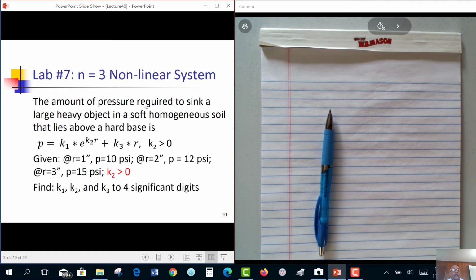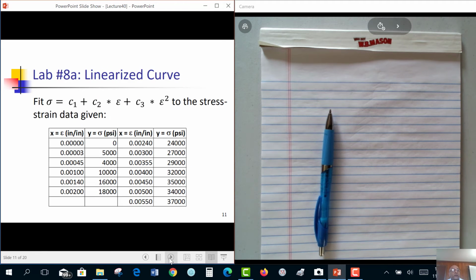Again, another applied problem in solving a nonlinear system. So you will see problems like this in soil mechanics, in solid mechanics, and in fluid mechanics.